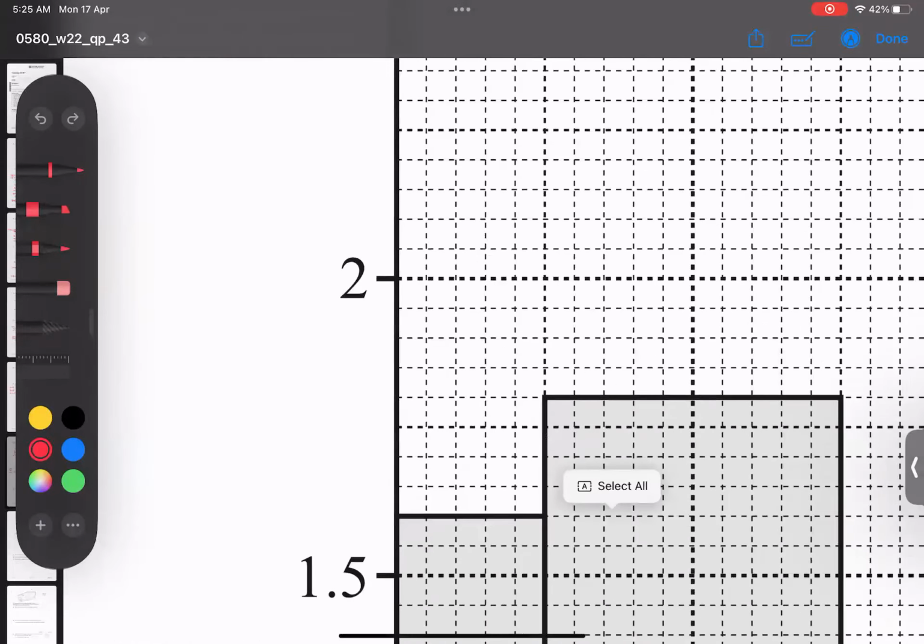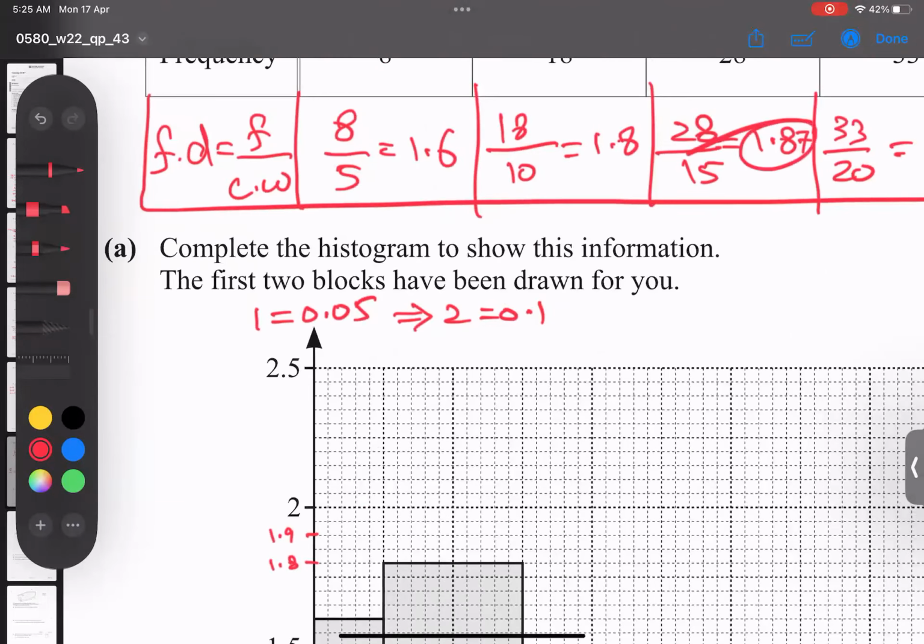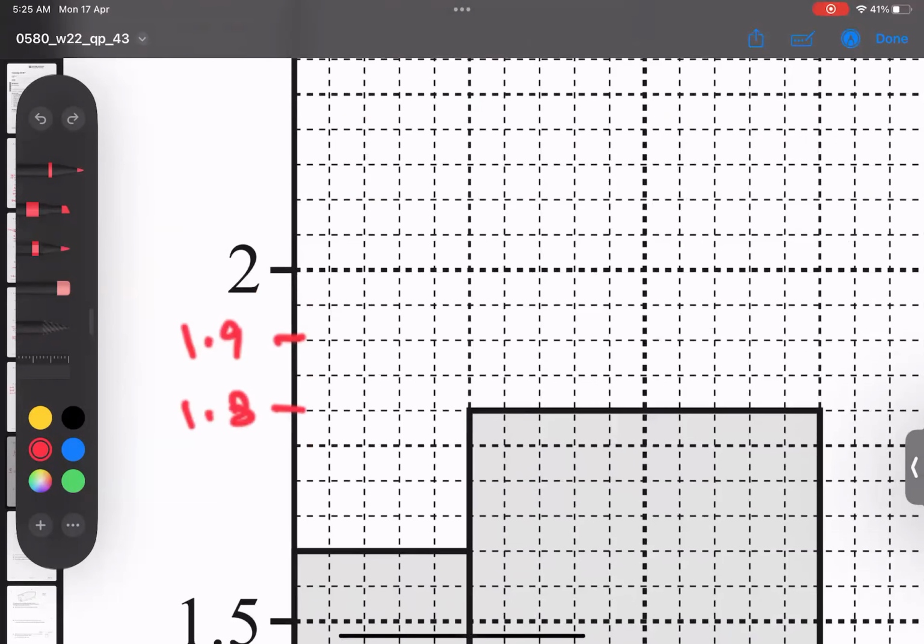But where is 1.87? This is 1.6, 1.7, 1.8, 1.9. So this is 1.9. This is 1.8. I think you're understanding. So 1.87 is slightly below 1.9, somewhere in the middle here. So this is my belief for 1.87.